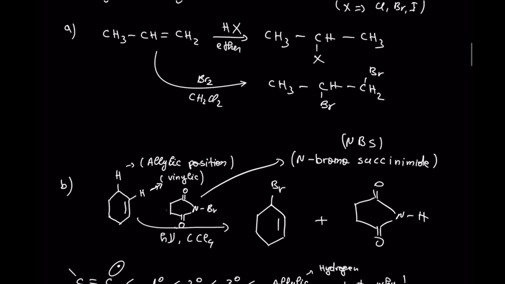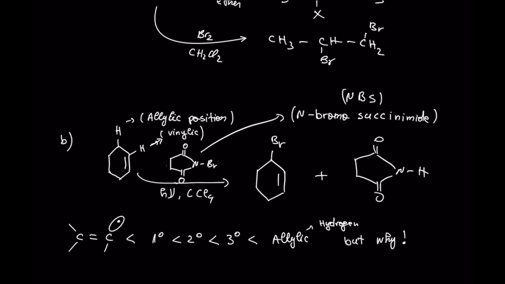It is measured experimentally that a vinylic radical has less stability than primary, secondary and tertiary radicals. An allylic radical is even more stable. But why? The simplest answer for this is resonance.